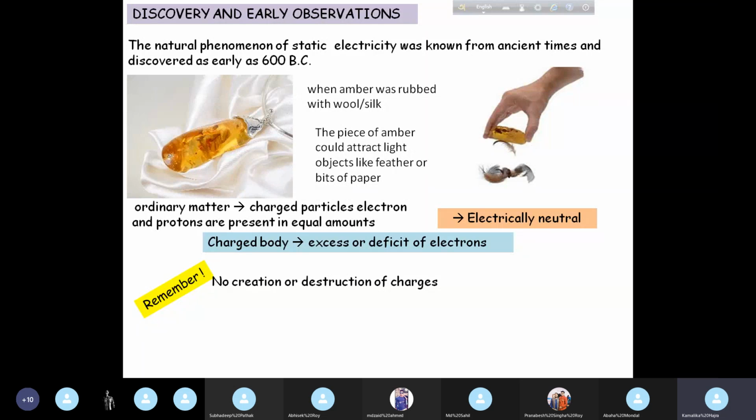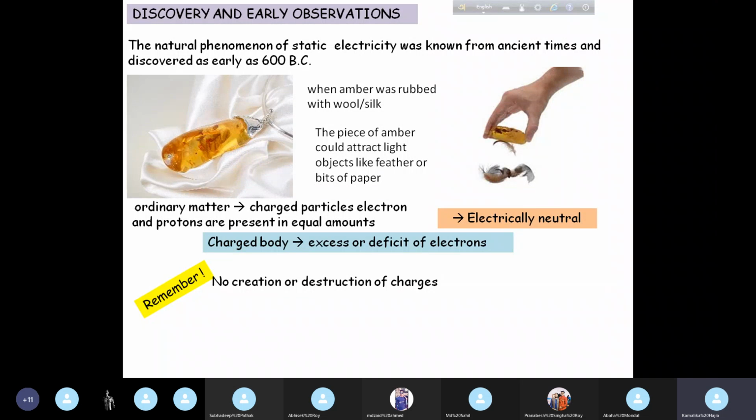Now I'm sure all of you have observed this phenomenon. You must have combed your hair with a plastic comb several times and then held the comb over bits of paper to see that the bits of paper are attracted towards the comb. This happens more in winter because there's a dearth of moisture in the air and on our skin. Where there is moisture, the transfer of electrons to bodies is not so easy.